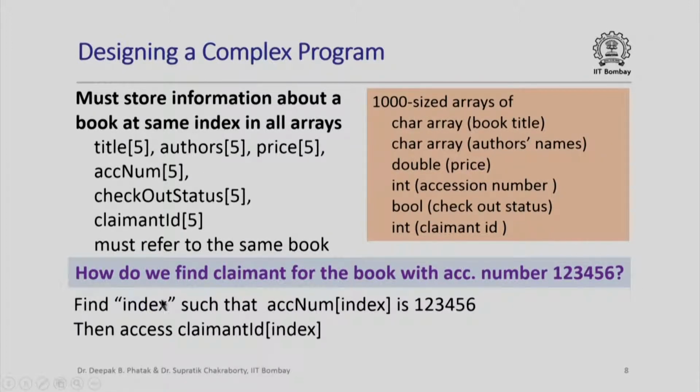Well, we will first have to find an index such that the array accession number at that index has the value 123456, whatever we are searching, and then we have to use that index to access the corresponding element of the claimant ID array. As you would agree with me, this is an unnecessarily convoluted reasoning. I am searching one array to match the accession number, then using the index from that array to access another array to find out the ID of the claimant.